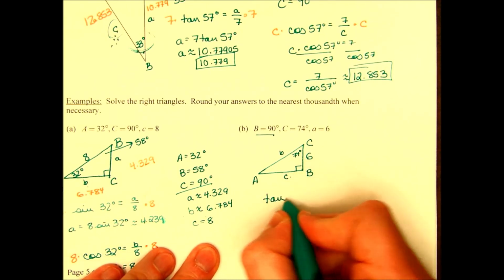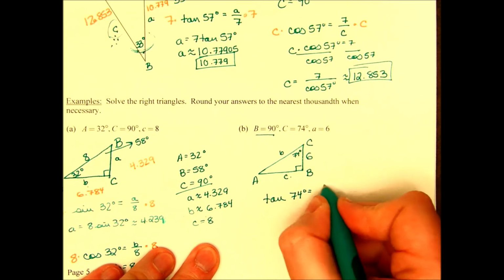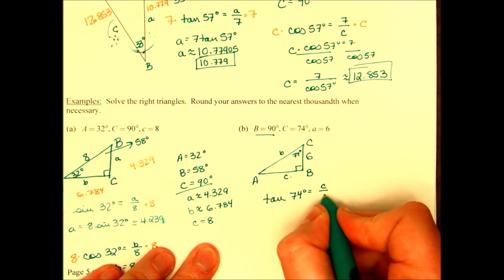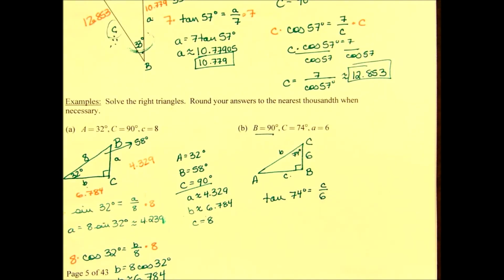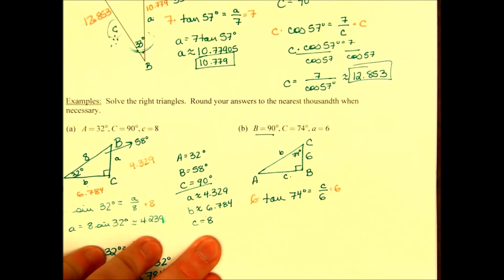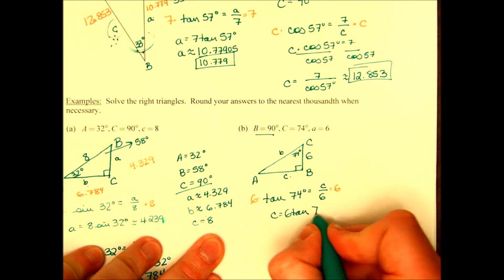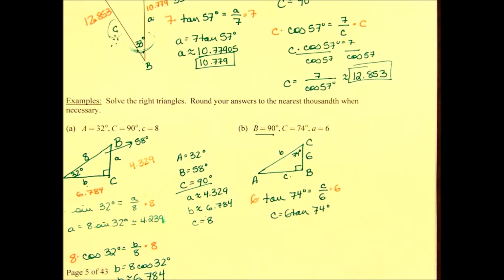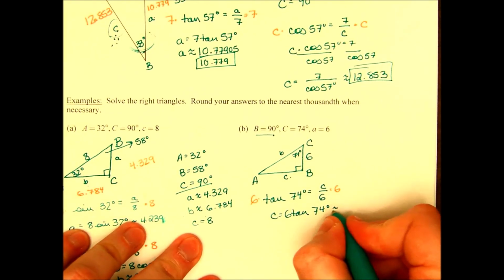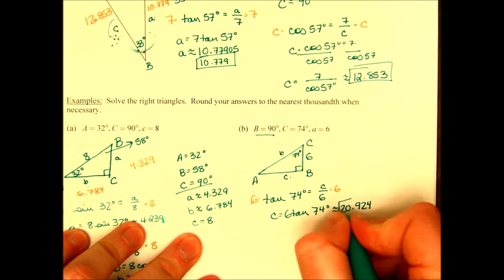I'm going to say that the tangent of 74 degrees equals the opposite, c, over the adjacent of 6. Easy enough to solve. Times 6, times 6. Little c is going to equal 6 times the tangent of 74 degrees. Go to your calculator. That should be about 20.924 for the length of that side.